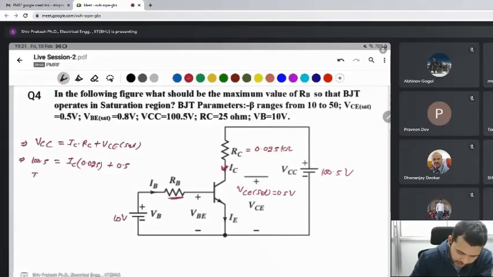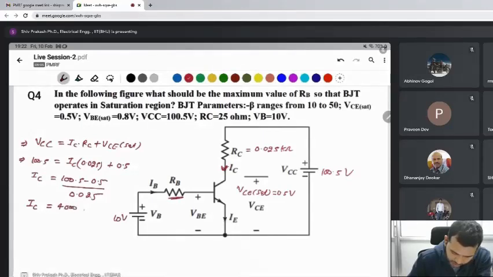Then find IC: 100.5 minus 0.5 divided by 0.025. I think this is 4000 milliampere, or IC is 4 ampere.